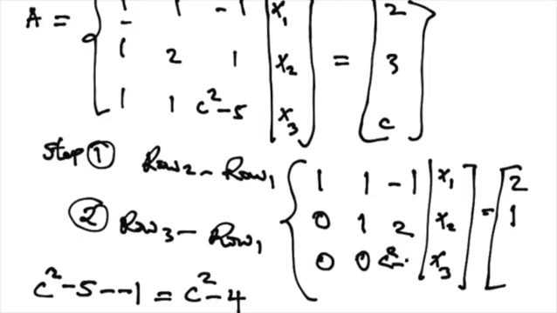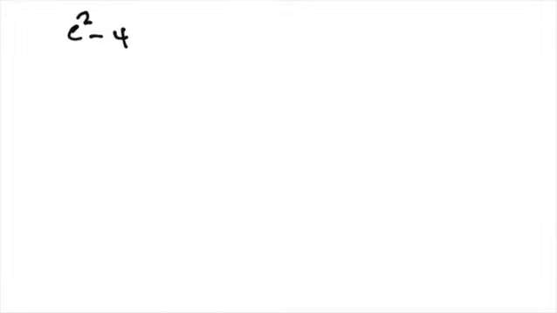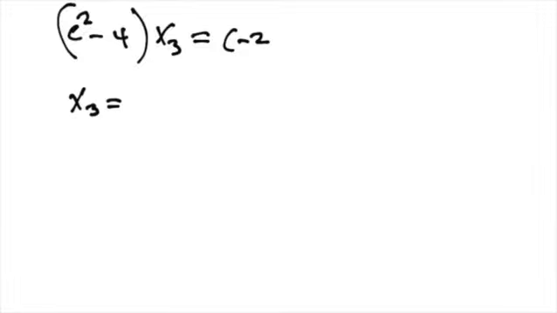So that's c squared minus 4 there. And then 2, c minus 2. So c squared minus 4 x3 is equal to c minus 2. So x3 here is equal to c minus 2 over c squared minus 4.